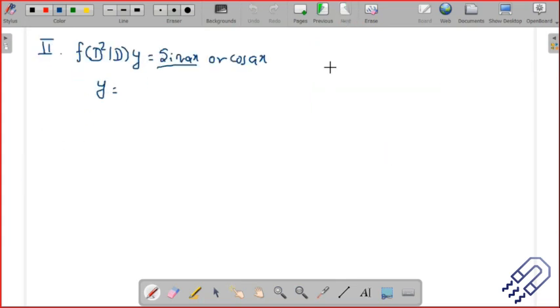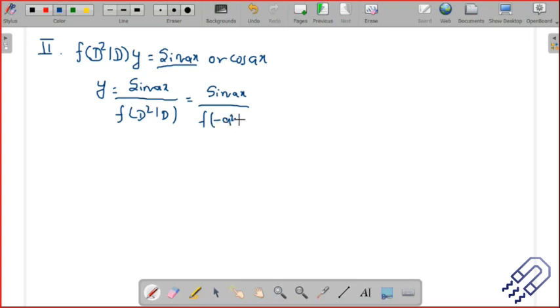But if it is sine, the rule is slightly different. We have to write it down in this way. Y would be again nothing but sine of ax divided by f of d square and or d, function of this. And here what we do is we write this as sine of ax divided by f of, in place of d square, please remember this, we are just going to put a minus a square.